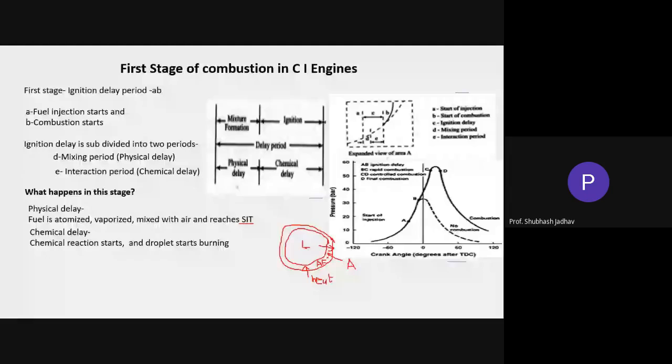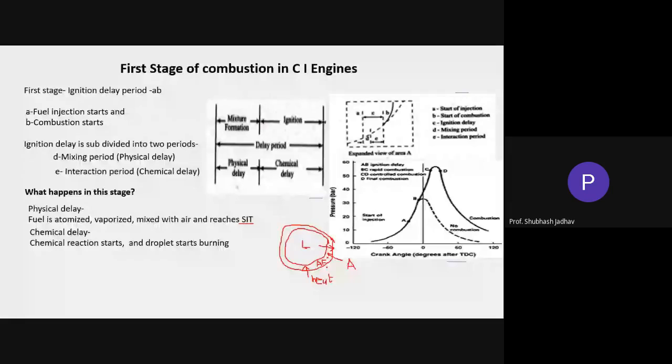Okay, so somewhere here it starts burning in this particular layer, in the blanket. And that flame will now propagate throughout the surface of the droplet. So now this becomes like a burning fireball, seen from outside.